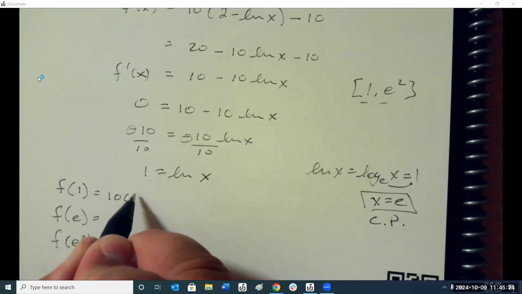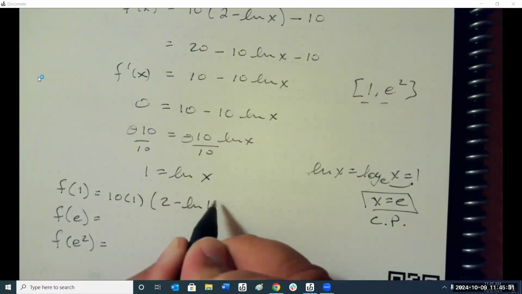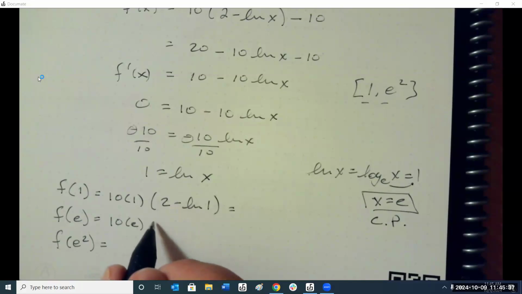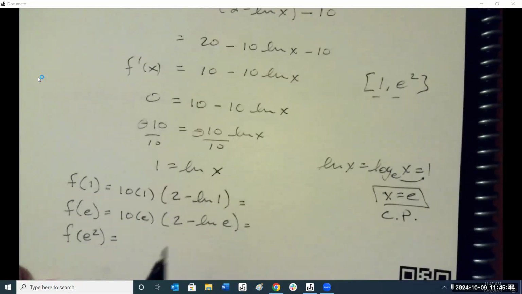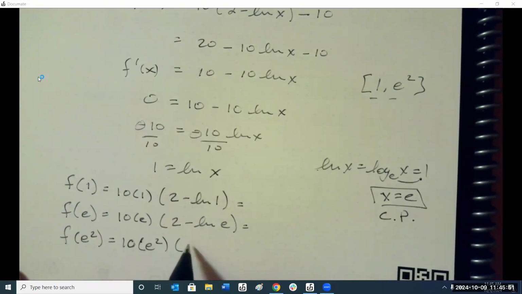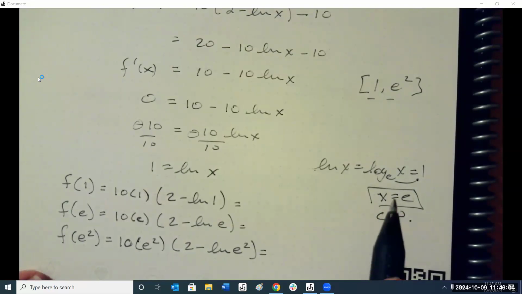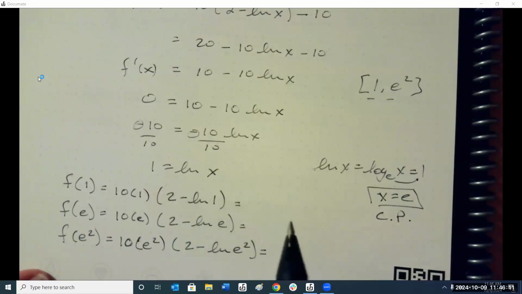So it's 10 times 1 times 2 minus ln 1. 10 times e, 2 minus ln e. 10 e squared, 2 minus ln e squared. Okay, ln of 1 is 0.